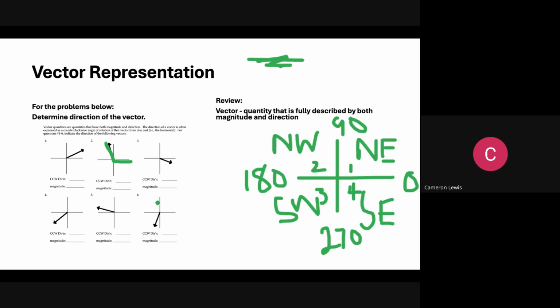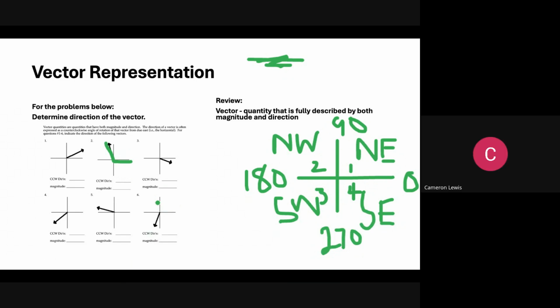Let me do one more. I want you to mathematically think about how it's supposed to look. Let's do this third one. What quadrant do we think that third one is in? 1, 2, 3, or 4? 4.